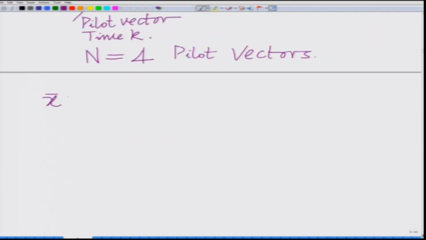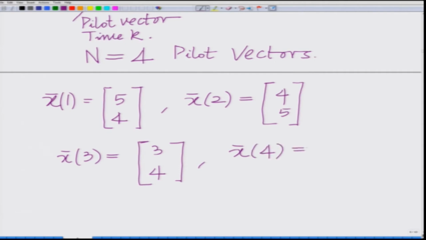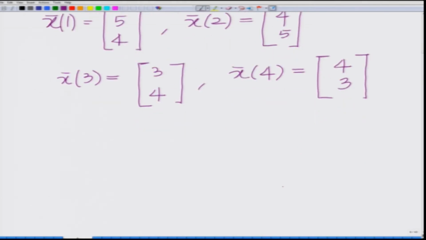Let us say the pilot vectors are x1 bar equals 5 comma 4, this is the first pilot vector. x2 bar equals 4 comma 5. x bar 3, let us say, equals 3 comma 4, and x bar 4 equals 4 comma 3. Alright, these are the 4 pilot vectors.